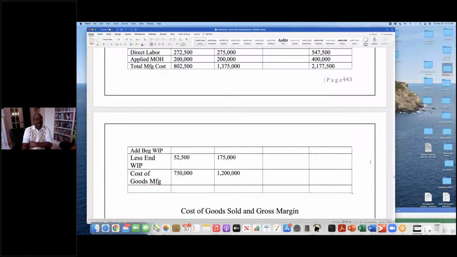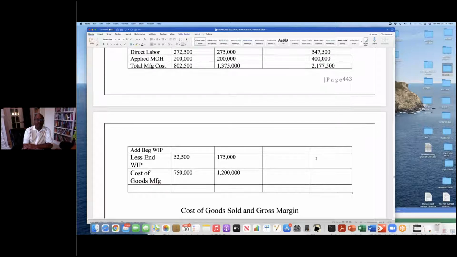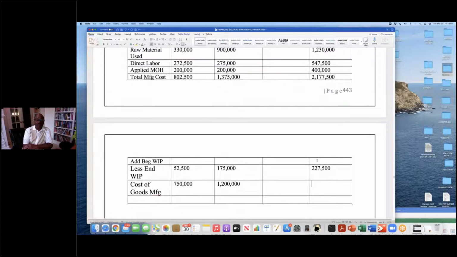What was our ending work in process inventory? $227,500. So what's our cost of goods manufactured? 1,950,000.